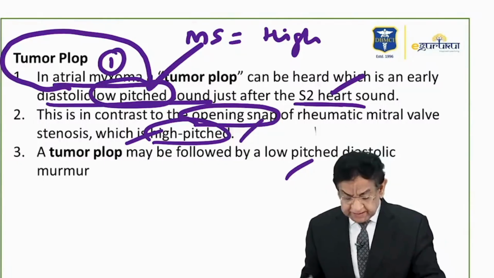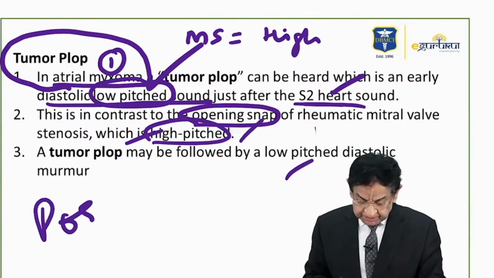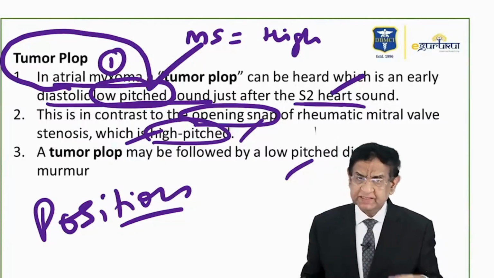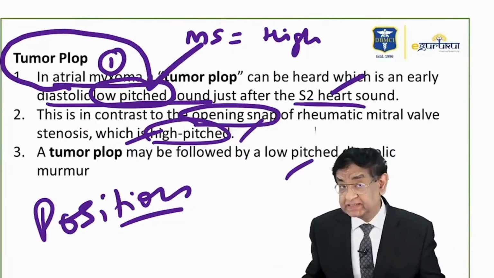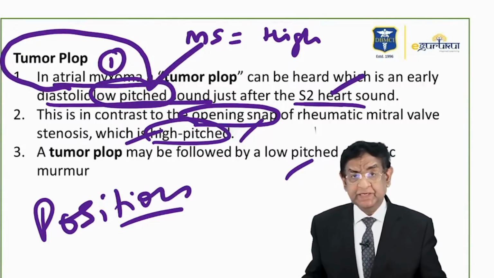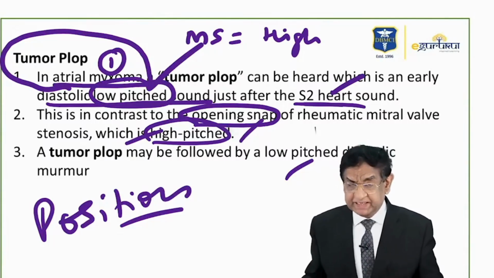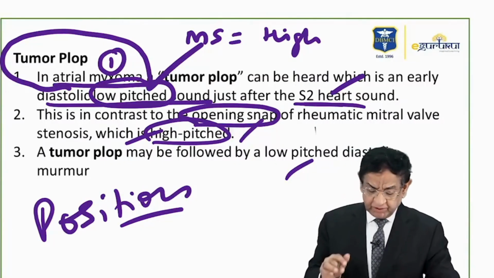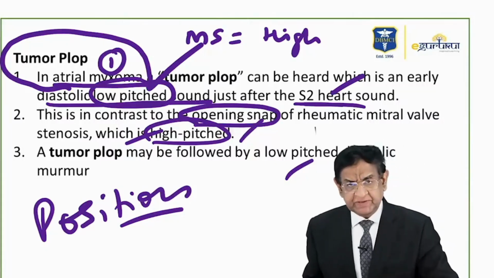But very simple: if you change the position, that means you ask the patient to turn right, left, or make him sit, this sound and murmur may even disappear. So that's the biggest advantage of differentiating, a very easy way to differentiate from mitral stenosis. So the carry home message: tumor plop is seen in which condition?